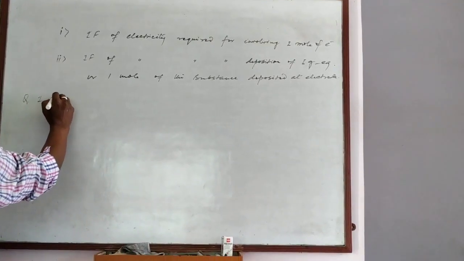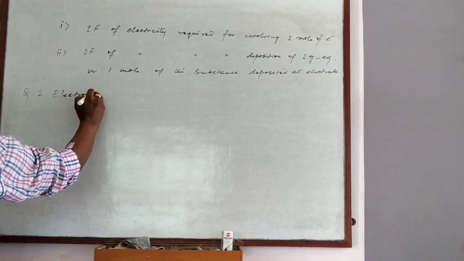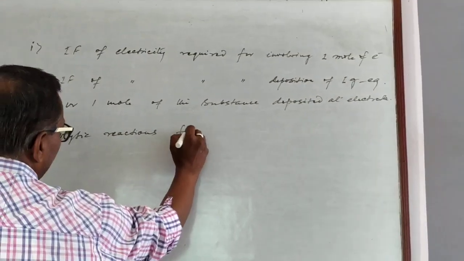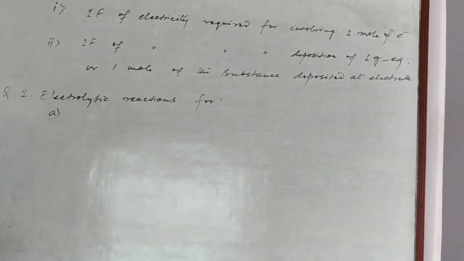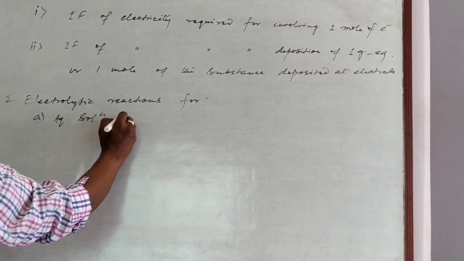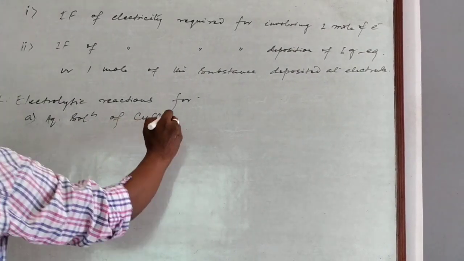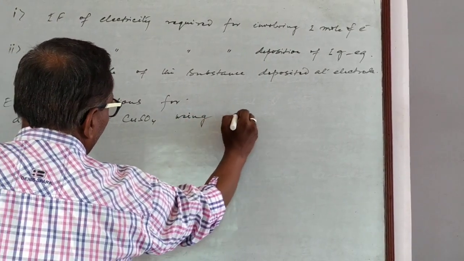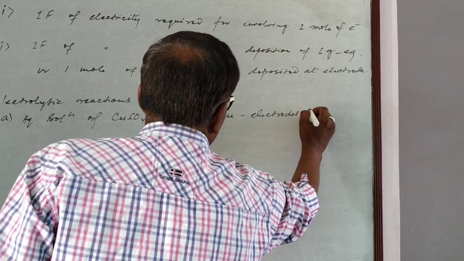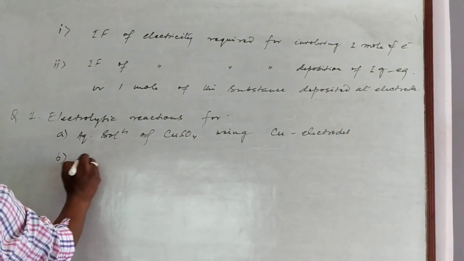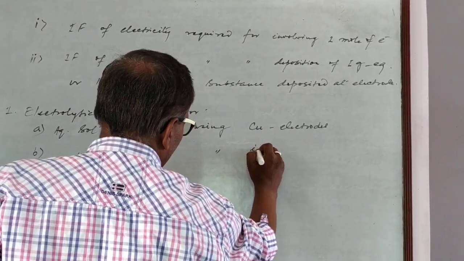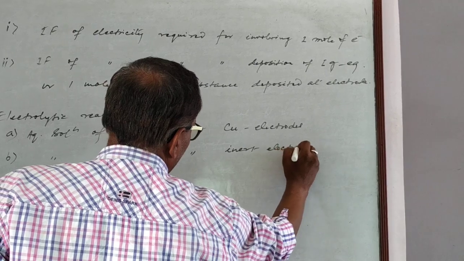Write the electrolytic reactions for: A. Aqueous solution of CuSO4 using Cu electrodes, and B. Electrolysis of aqueous solution of CuSO4 using inert electrodes.